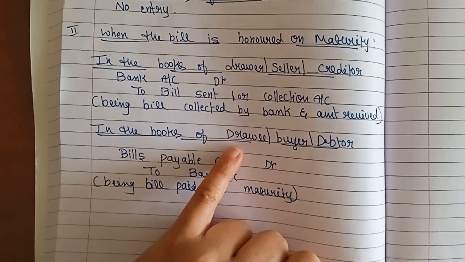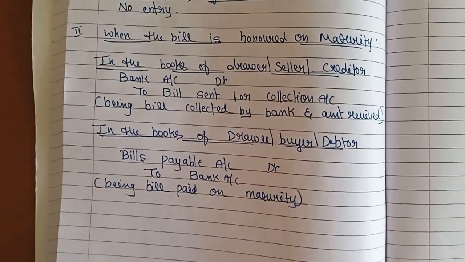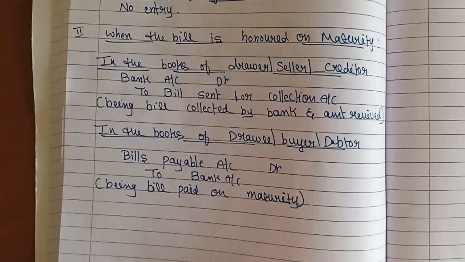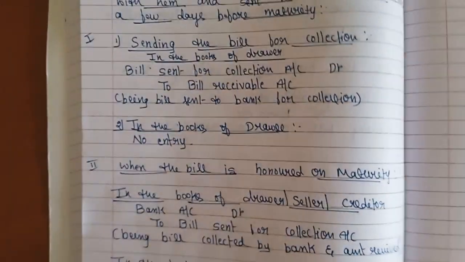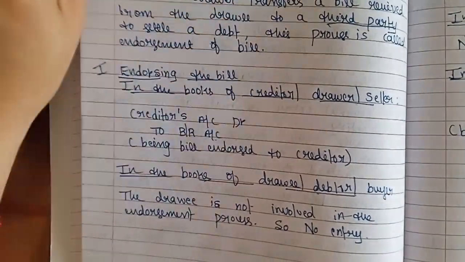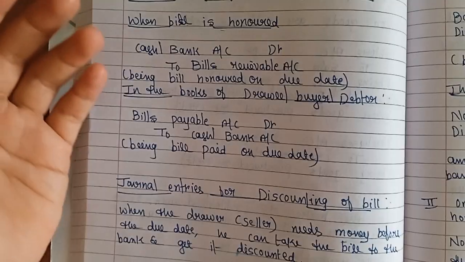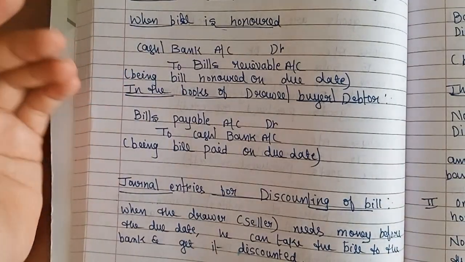Now in the books of drawee, buyer or debtor, what is the journal entry? Same. Bills payable account debtor to bank account, being bill paid on maturity. Clear? Easy, right? So these are all the journal entries we need to pass under bill of exchange. The first situation is the bill is honored, meaning the drawee is going to pay the amount on or before the due date.